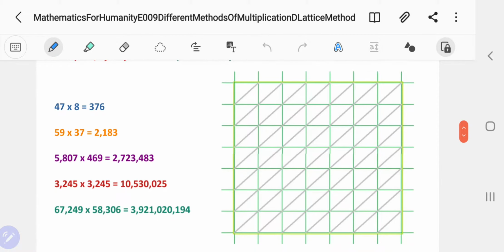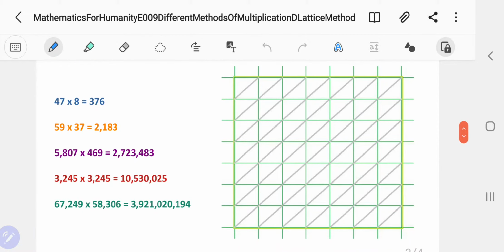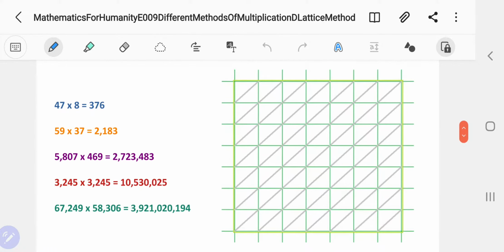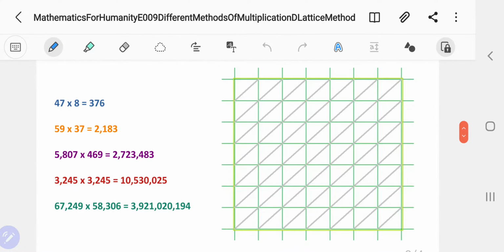So for example, here we have to draw a lattice gadget in which we will do the multiplications of the numbers. Whether it's a small number or a large number, you don't have to worry about it because the lattice method can accommodate as big a number as you want.